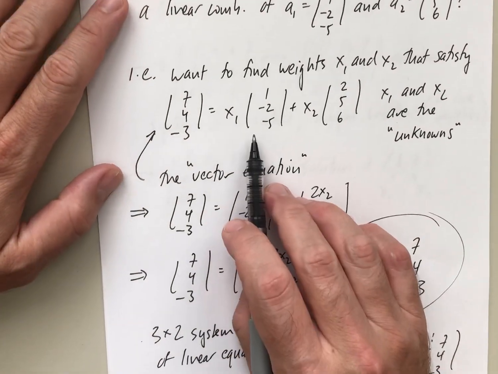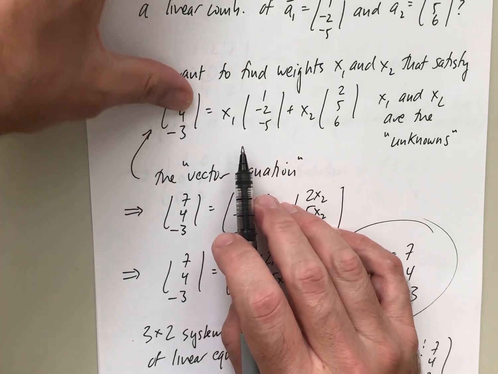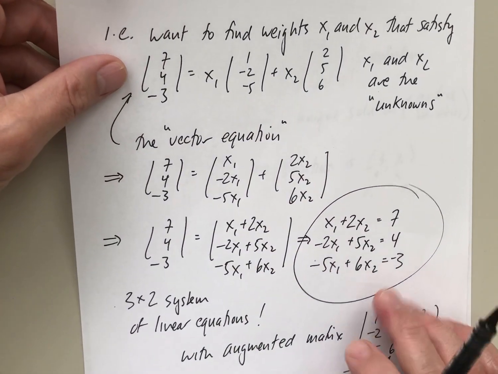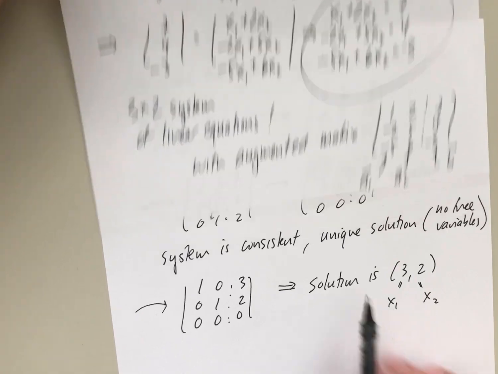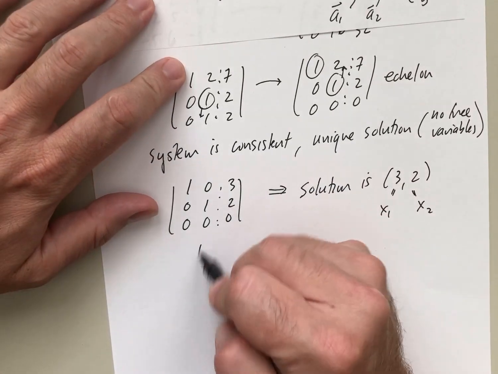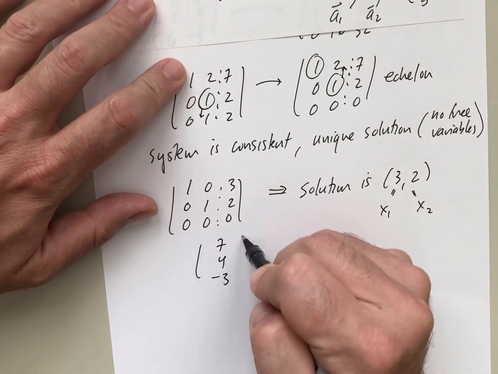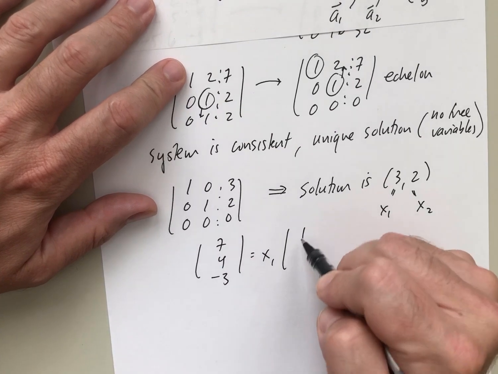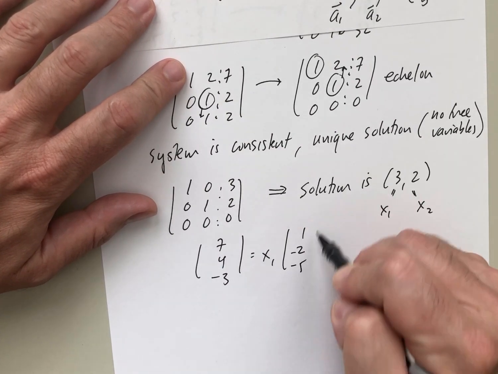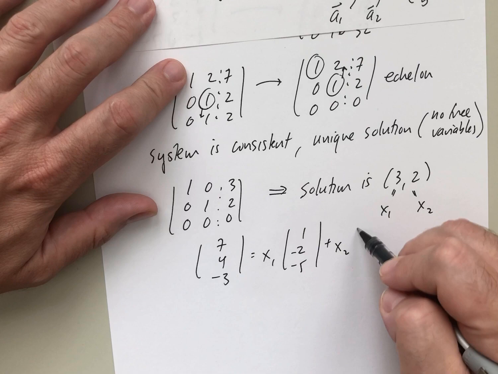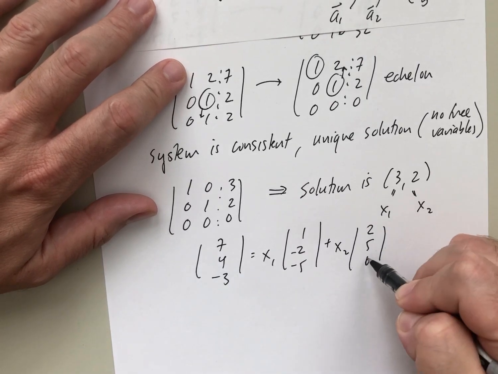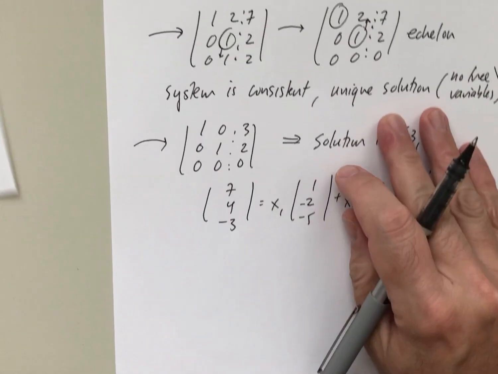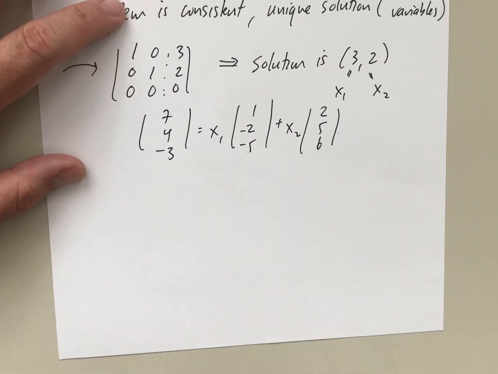What we were actually trying to solve, though, was this vector equation, right? So let's see if it works. We were trying to solve 7, 4, minus 3 equals x1 times this vector plus x2 times 2, 5, 6. Let's look at those weights and see if it works. This is something you can always check.